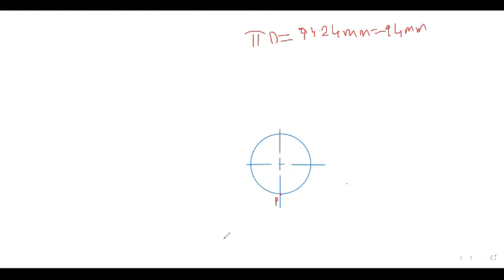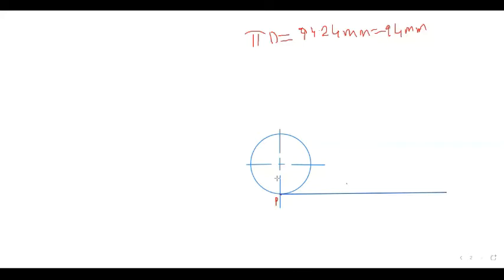So at point P, we draw a horizontal line of 94 millimeter. Okay. And here we divide the circle into 8 equal parts.